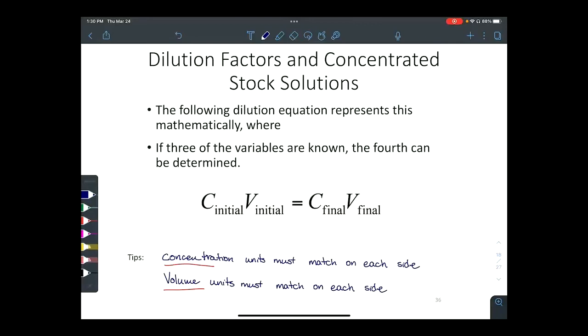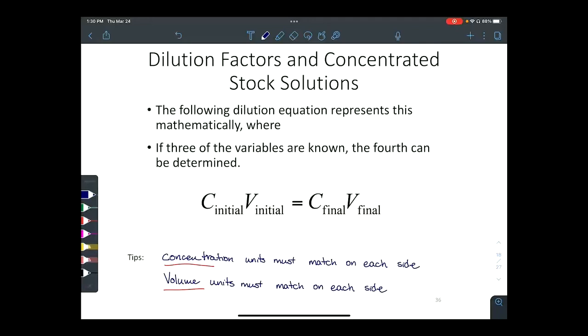C just means concentration. But the trick here is whatever the unit of C1 is, you have to also have the same unit as C2. So if you have molarity units, they both have to match on each side. If you're using percent mass concentration units, again, they have to match on each side. So you can use whatever concentration unit you want. They just have to match.